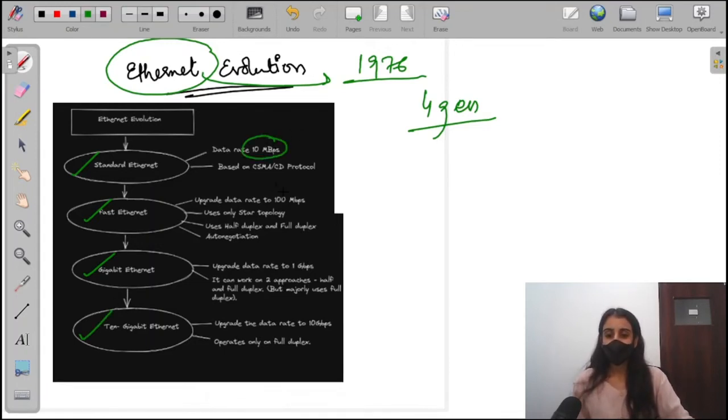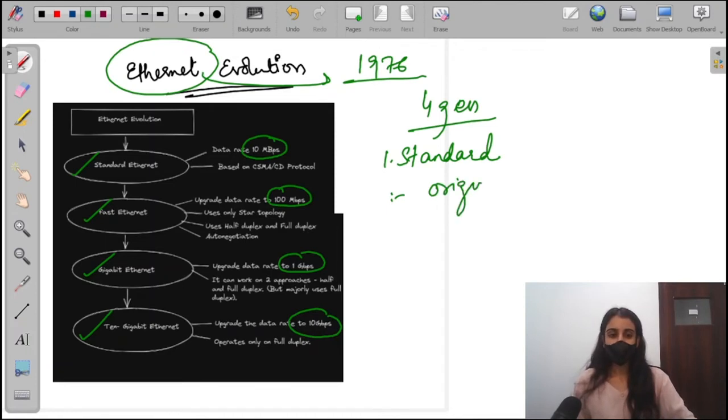The speed of each Ethernet has been increasing exponentially. The first one is standard Ethernet. It was the original Ethernet, and its data rate was just 10 Mbps.